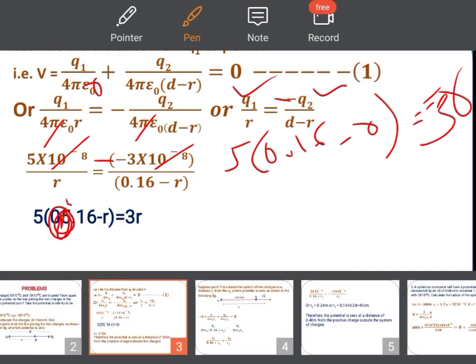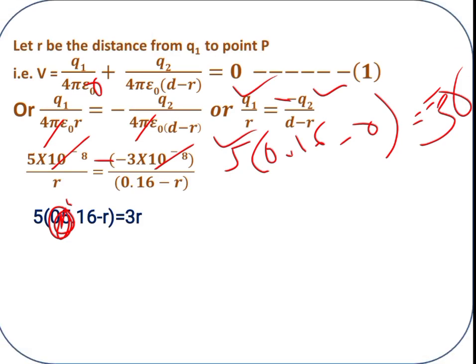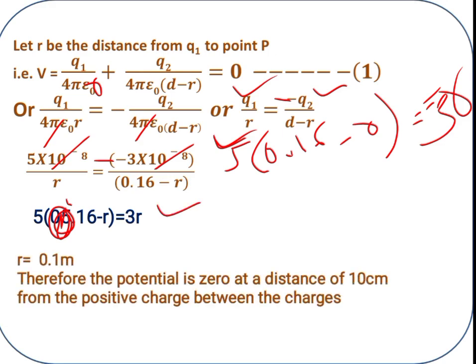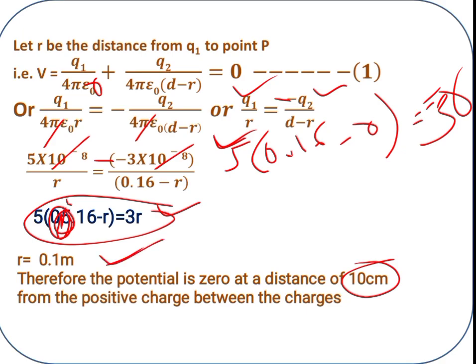So 5 into (0.16 minus R) is equal to 3R. After simplification, R is equal to 0.1 meter or 10 centimeter. So the distance between Q1 and P is 10 centimeter or 0.1 meter.